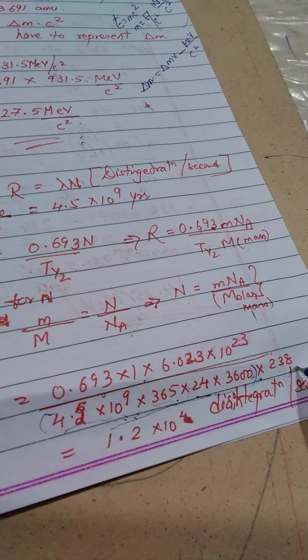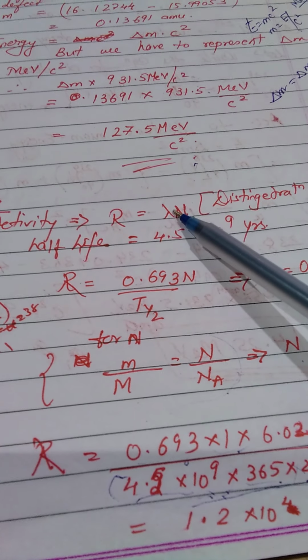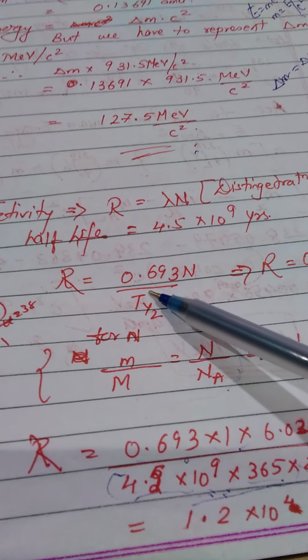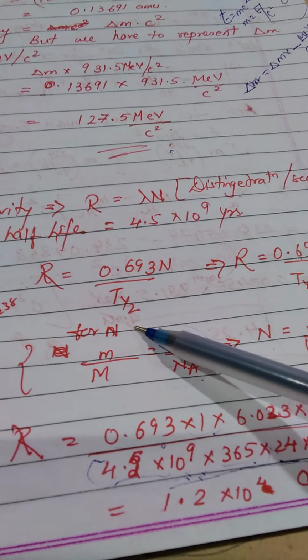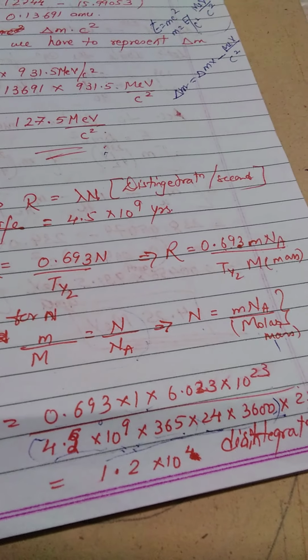So what is disintegration per second? It is the same as the activity, using the relation R is equal to N lambda. Lambda is your decay constant, related as 0.693 upon T to the base half, and capital N is related with respect to this equation. So basically we are using three equations and we are resubstituting the values of N, and finally we get our results. Okay, thank you.